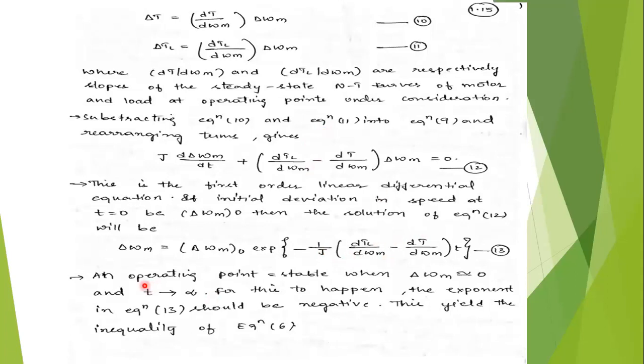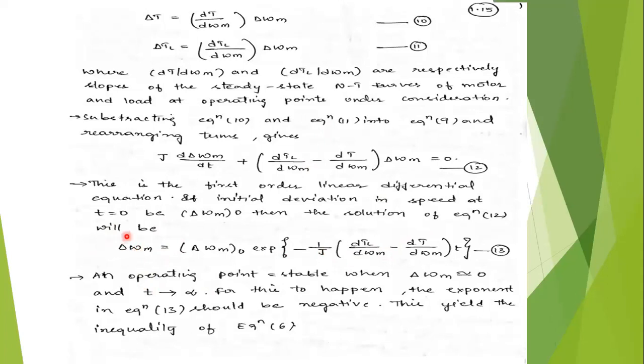Here, an operating point means, as we saw before, the operating points A, B, C, D. In A and C we are getting stability. So for a stable operating point, Δωm should be equal to 0 as t tends to infinity.